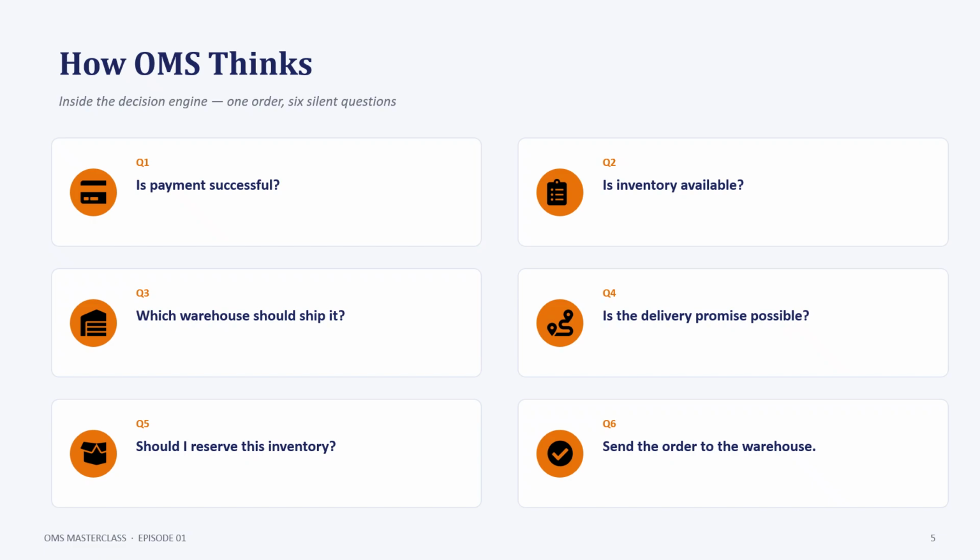Finally, the last question is, should the order now be sent to the warehouse? Once all the previous checks are completed successfully, the OMS releases the order to the warehouse for picking, packing, and shipping. So before an order reaches the warehouse, the OMS has already made several important decisions within just a few seconds. In the next slide, we will start exploring each of these decisions one by one.